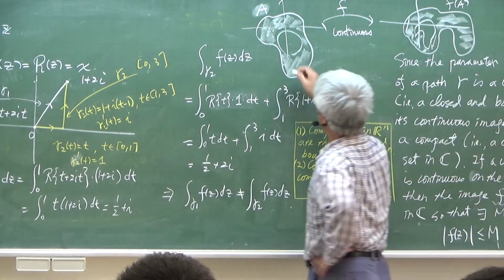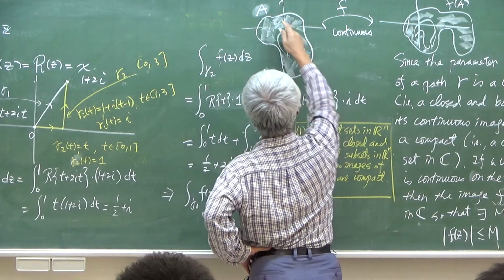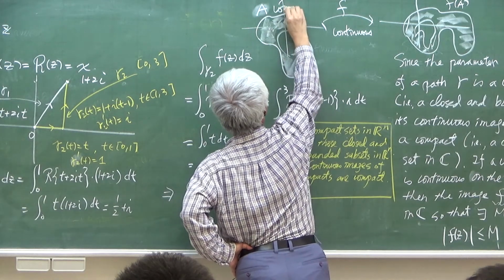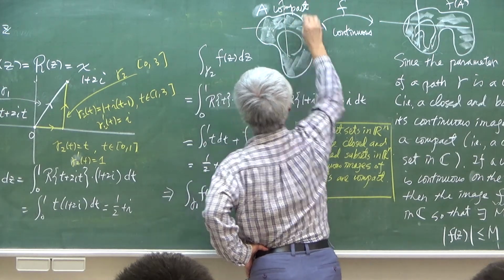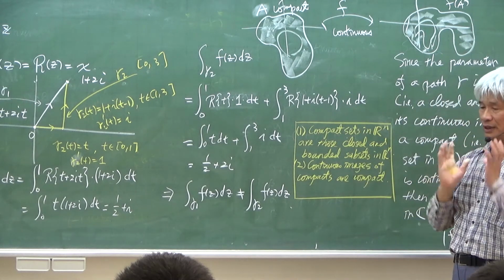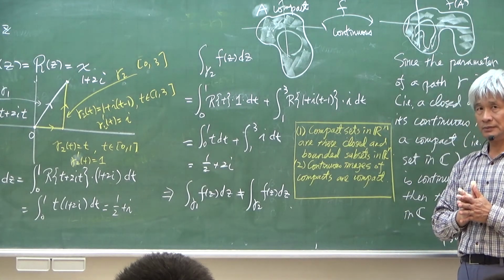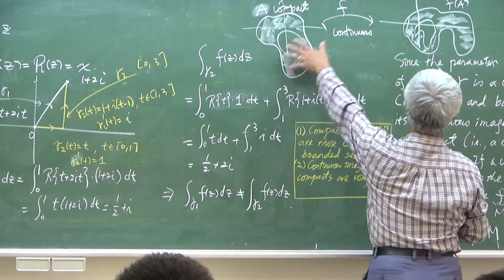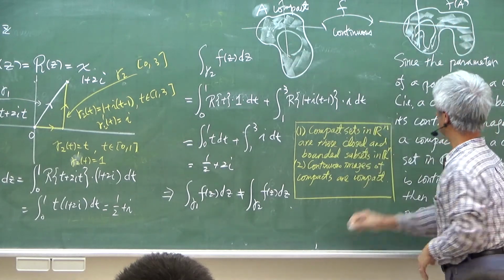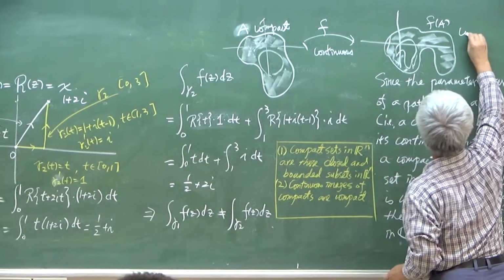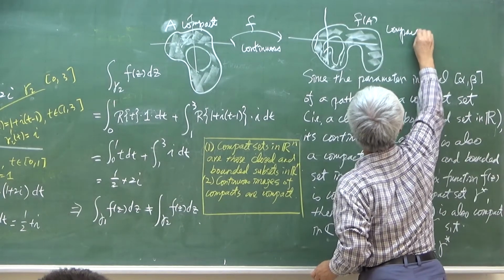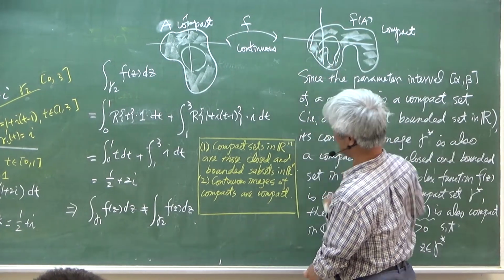So when A is compact, as I know, compact means closed and bounded. And f of A must be compact because it's an image of a continuous function.